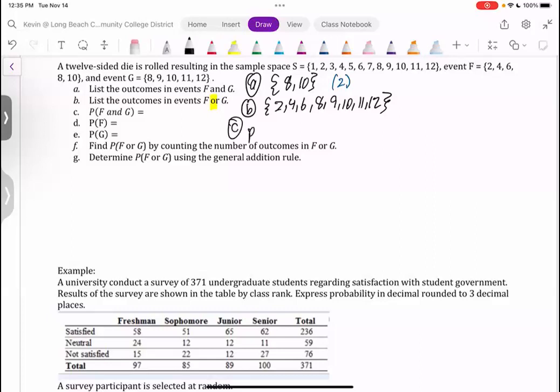Find the probability of event F and G. Well, there's only 2 in event F and G. By the way, I didn't put over here, I should mark that there are a total of 8 numbers in events F or G. 1, 2, 3, 4, 5, 6, 7, 8. Part C. So F and G, there are 2 elements out of the 12.